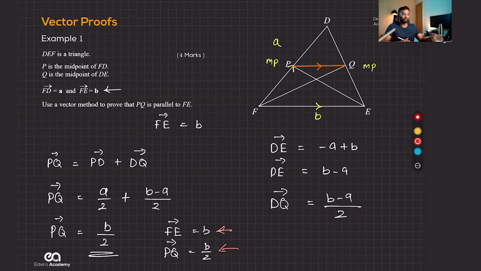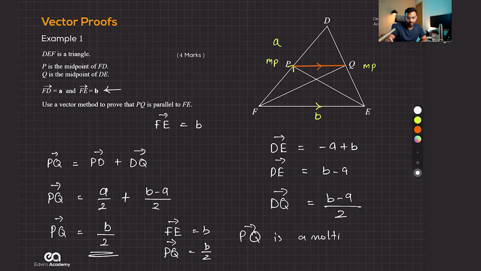Did you get it, everyone? Really well done. So you need to prove they have this. It will be the same letters. Yes, we want to write down a written statement. So it is like this. PQ is a multiple of FE.